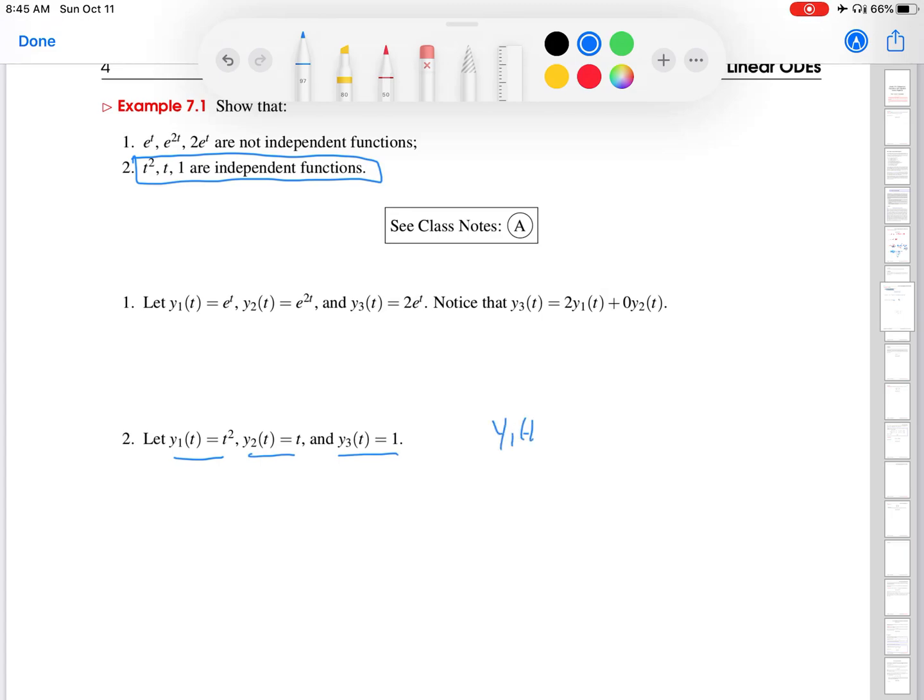Is y1 equal to some number times y2 plus some number times y3? If I can find those numbers, kind of like what happened up here, that would tell me that y1 is a linear combination of y2 and y3. That would make these three functions not independent, right? Now, we're told that they are independent. That's what we want to show.